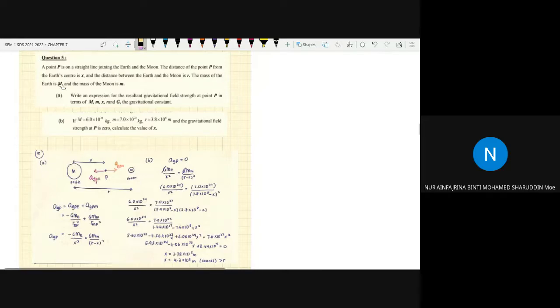Question 5. A point P is on a straight line joining the Earth and the Moon. Okay, now you will have the Earth.